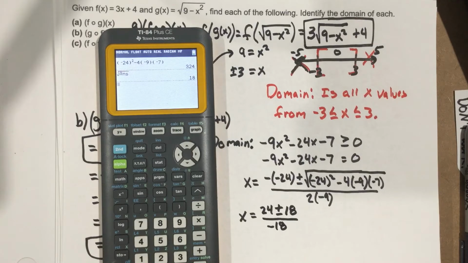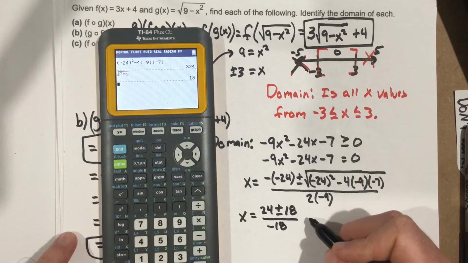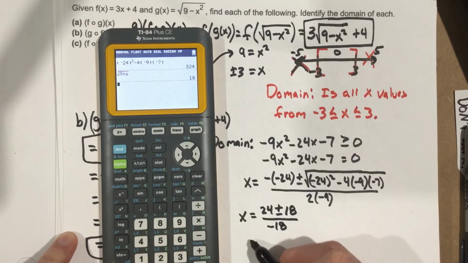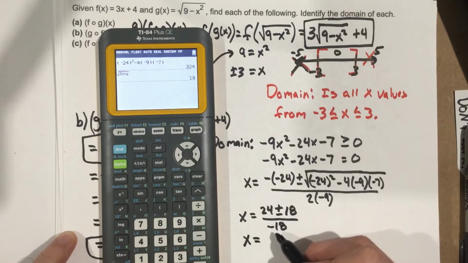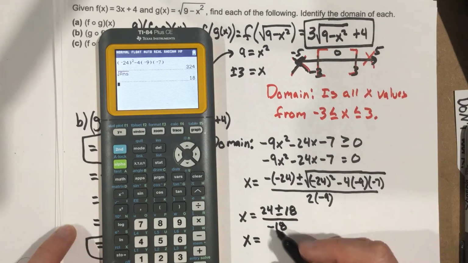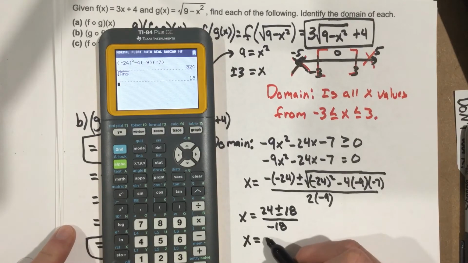So let's start to simplify this now. So x equals 24 plus 18, which is 42, over negative 18.